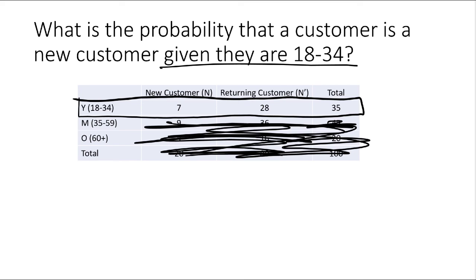So the probability that they're a new customer, well, there are 35 people left that we haven't crossed out that are in that age group. And 7 of those 35 are new customers. And so that's our probability, just 7 out of 35. So given that a customer is 18 to 34, that's 35 people, what's the probability that they're a new customer? Well, that's 7 of those 35 people.